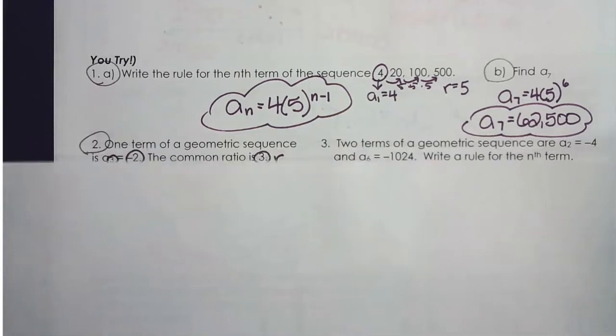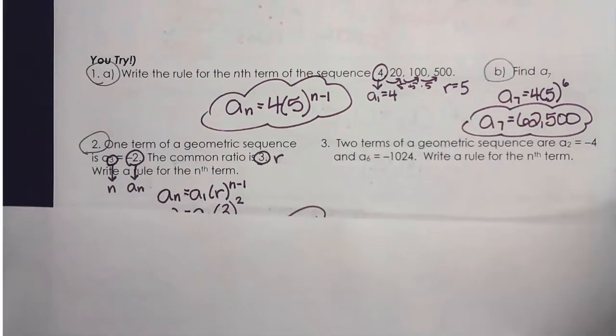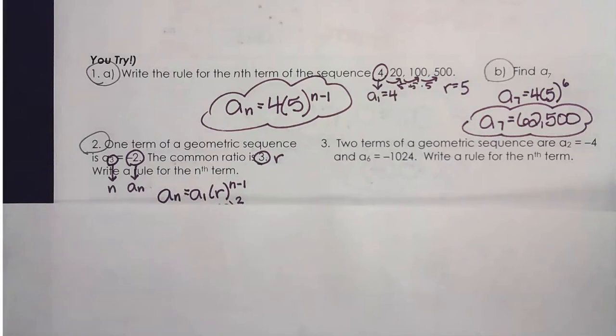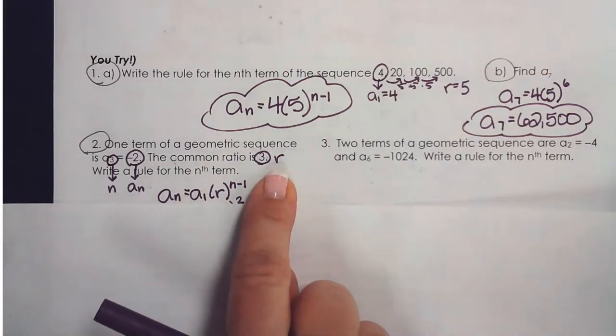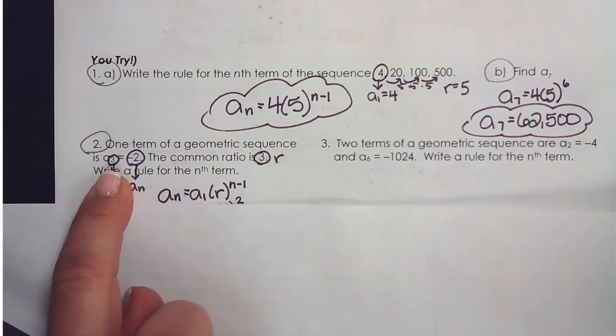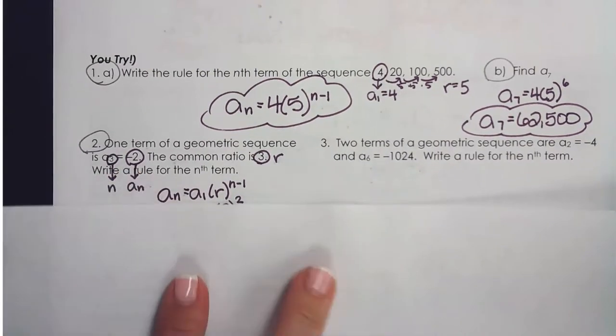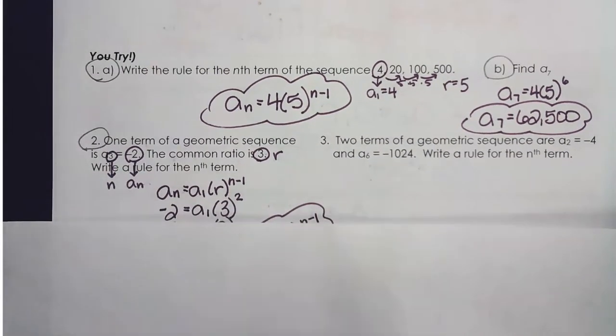Okay. All right. Here's what happens in you try 2. We know that our common ratio is R, and we know that then 3 is going to be in for n, and -2 is our A sub n. And I had a couple people that just stopped here, okay? Is that a rule that looks like what happened in number 1?